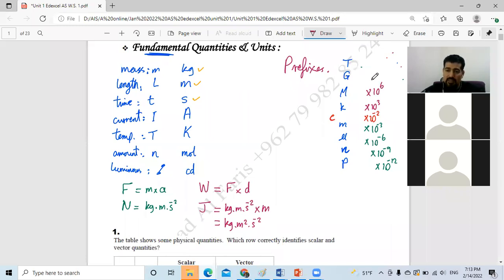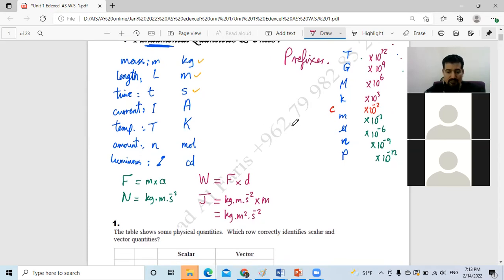Giga means a billion, times 10 to the power of 9. And tera, times 10 to the power of 12. As you can see, the values increase or decrease by 3 zeros each time, except centimeter. These are the most important prefixes that you have to know how to convert when they put any value or number in your question.